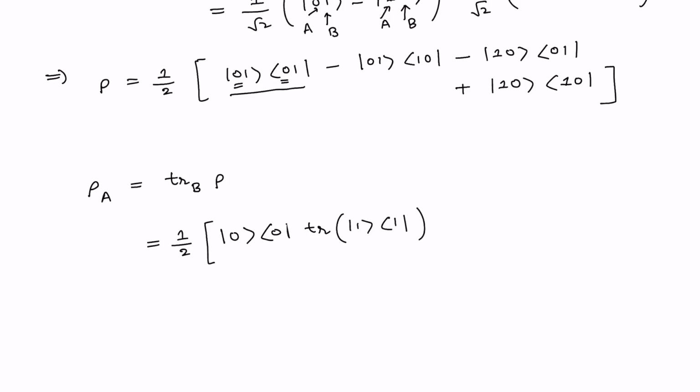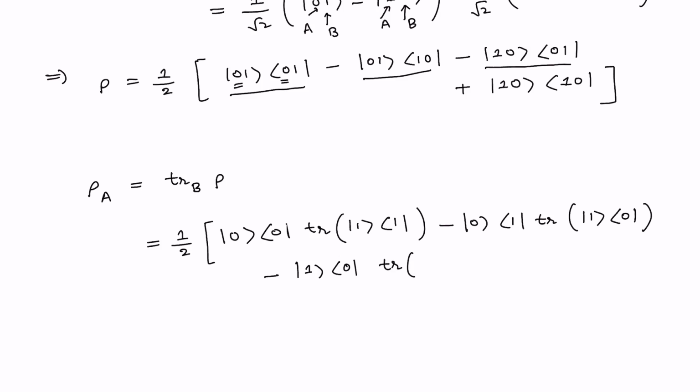Then the next term: we have ket 0 bra 1 here, and the trace is taken over ket 1 bra 0. Now the third term is ket 1 bra 0, trace over ket 0 bra 1, and finally the last term, that would be ket 1 bra 1, trace over ket 0 bra 0.